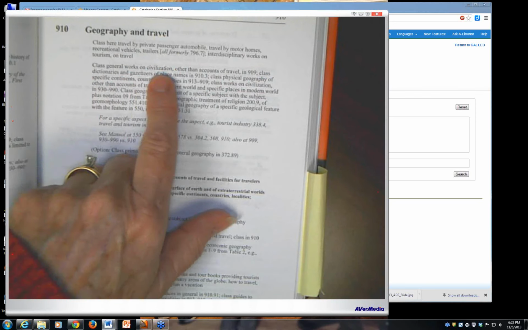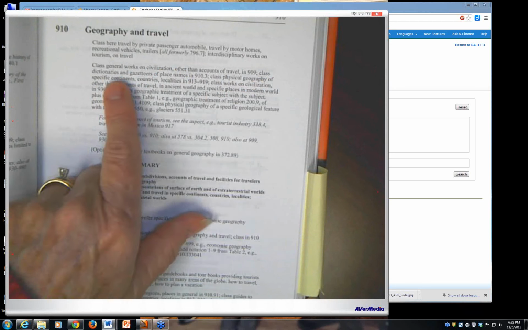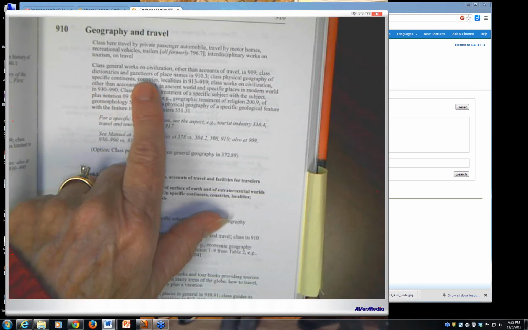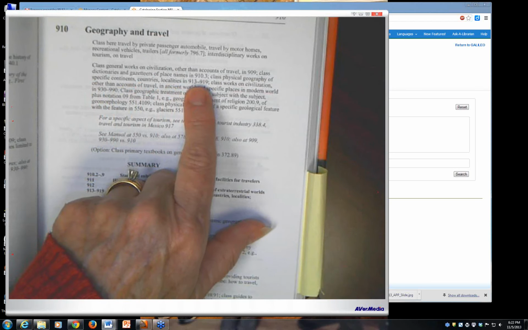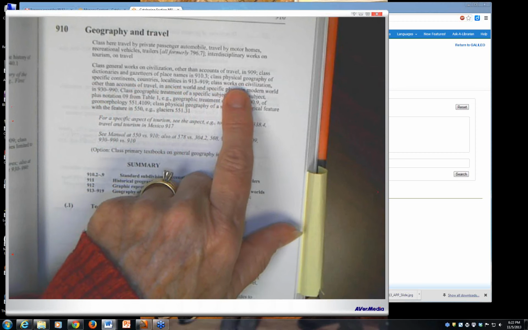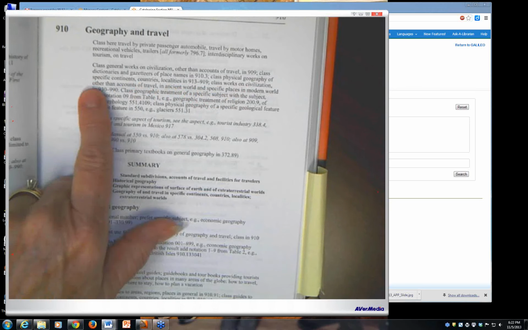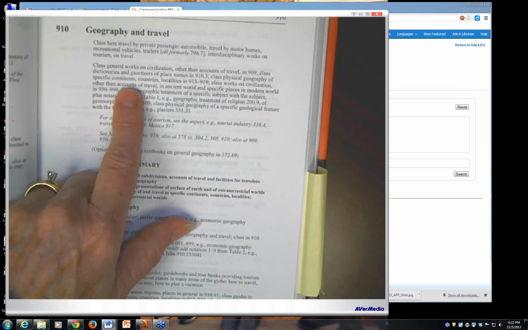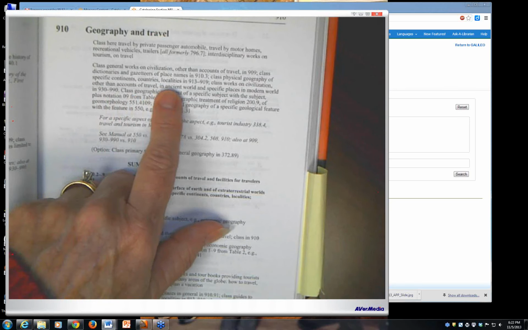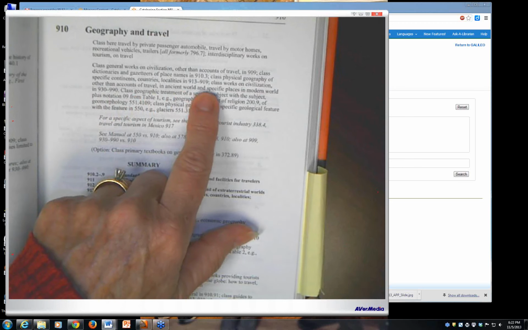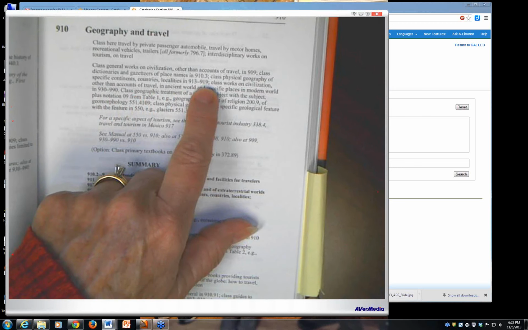Class general works on civilization, other than accounts of travel, in 909. Class dictionaries and gazetteers of place names in 910.3. Class physical geography of specific continents, countries, localities in 913 to 919.